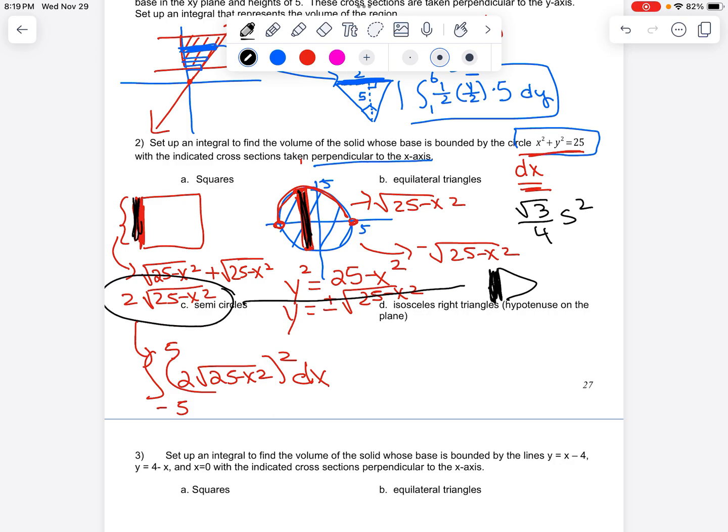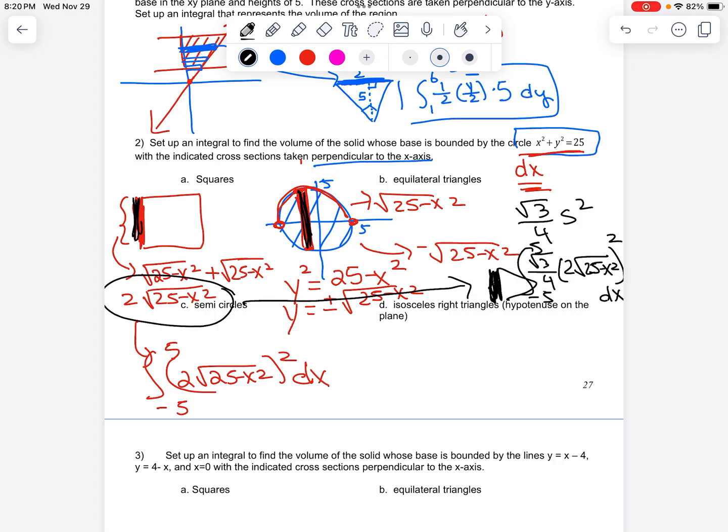That's this distance right here. So what's the area? Root 3 over 4. What's the side? 2 root 25 minus x squared. So that's the area of a triangle, integrated from negative 5 to 5, and that will give you the entire volume.